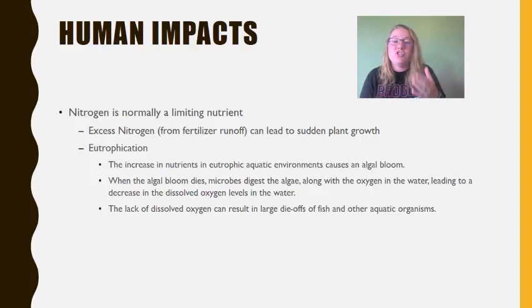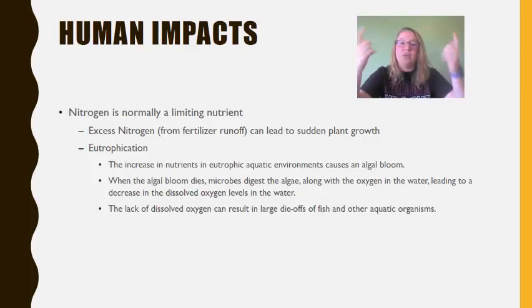And when that algae bloom starts to die, you're going to have more microbes there to decompose and break down the algae. And as those microbes are doing that decomposition, they are consuming a lot of the dissolved oxygen in the water. So in the process of decomposition, you take in oxygen and you release carbon dioxide.